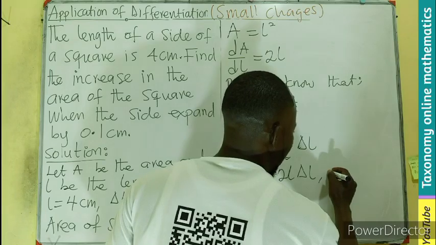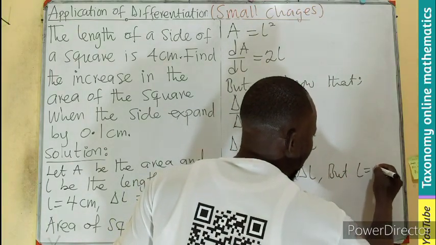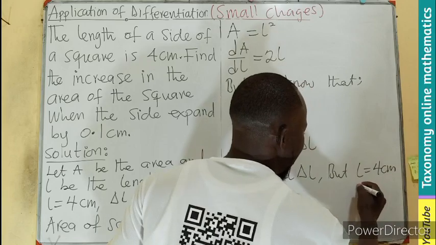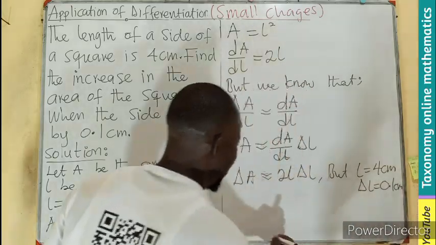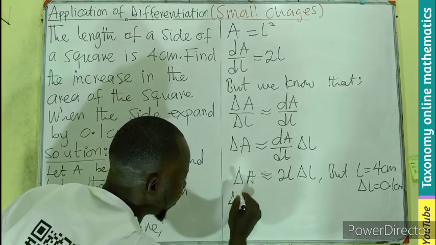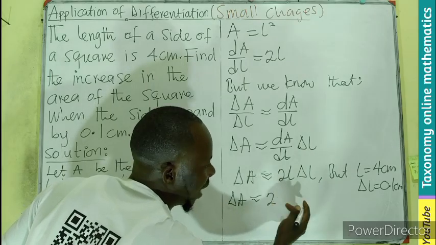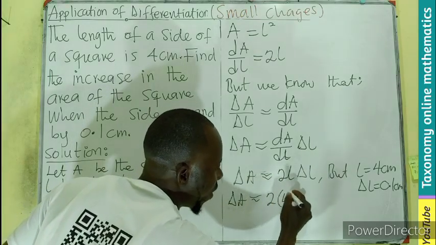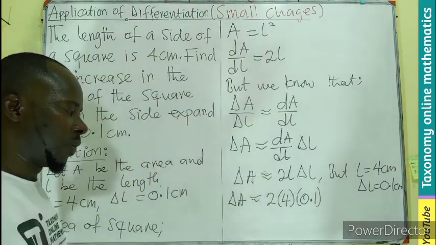So I can say that L equals 4 centimeters. Delta L is 0.1 centimeter. So our delta A will be approximately 2 times 4 times 0.1.